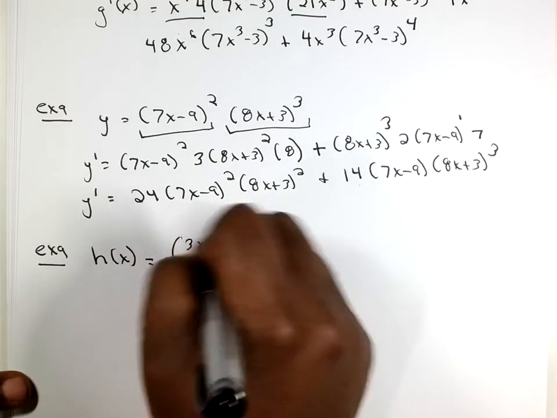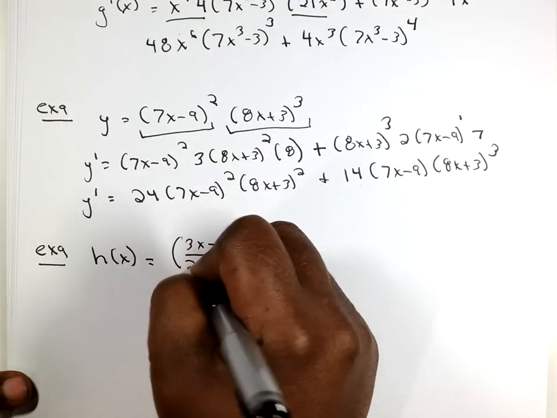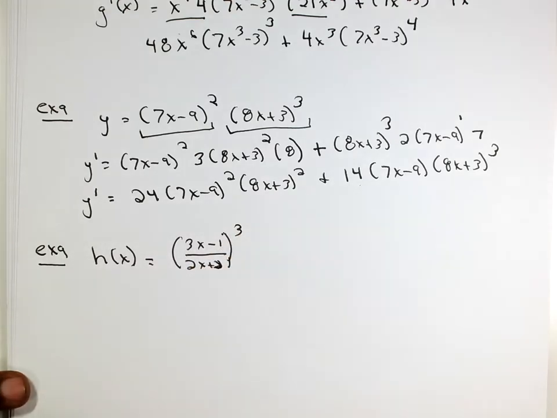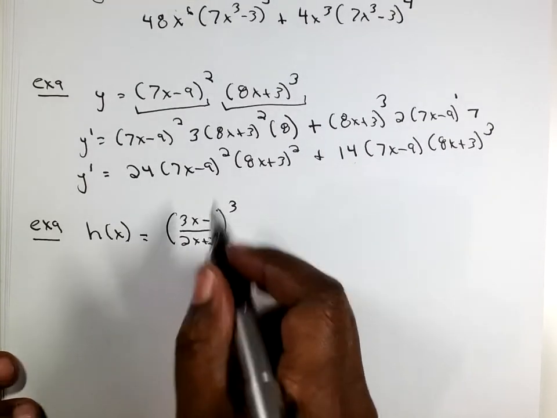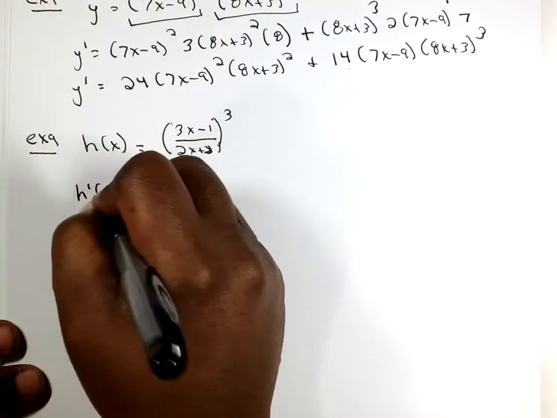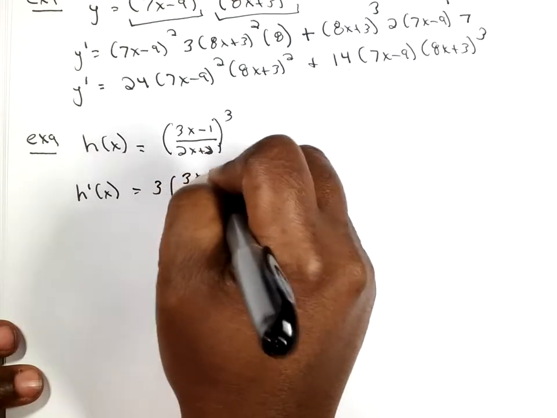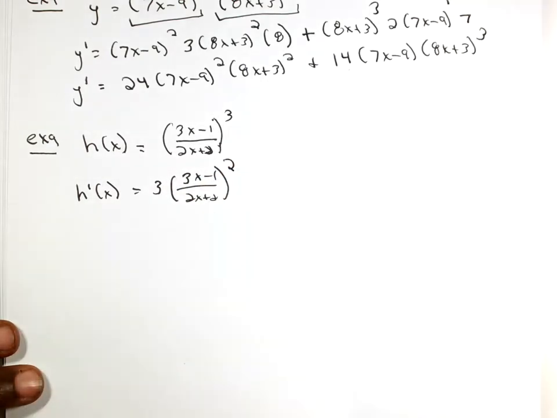So I have (3x minus 1) over (2x plus 2), and then that's cubed. So this one I'm going to have to do the quotient rule as well as the chain rule. So starting with my outer function, which is just this thing cubed, I get 3 times ((3x minus 1) over (2x plus 2)) squared.